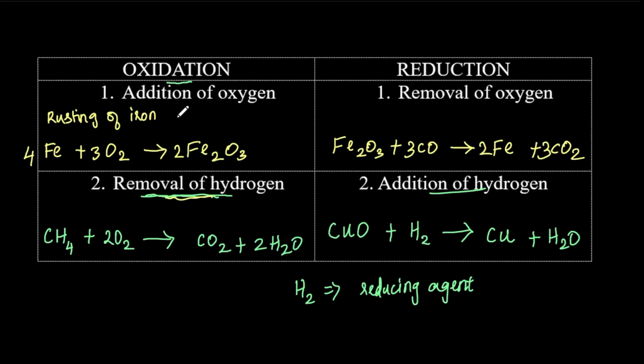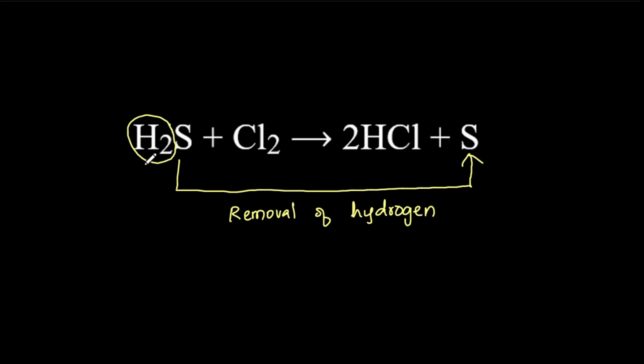What is removal of hydrogen? Removal of hydrogen is oxidation. So clearly we can say for this first compound H2S, oxidation happens. For the element sulfur, hydrogen is removed, so removal of hydrogen leads to oxidation in the first compound.